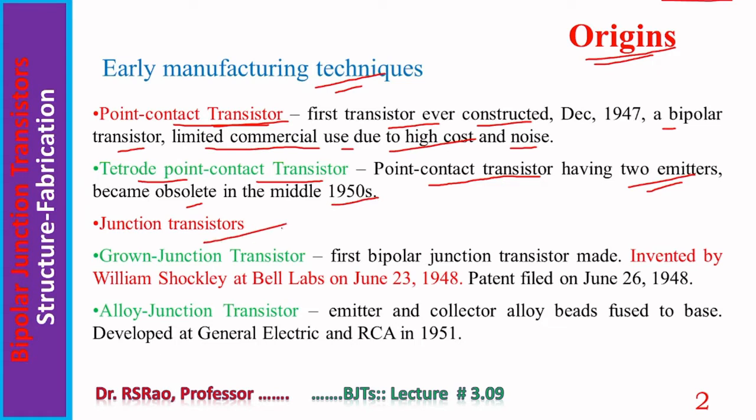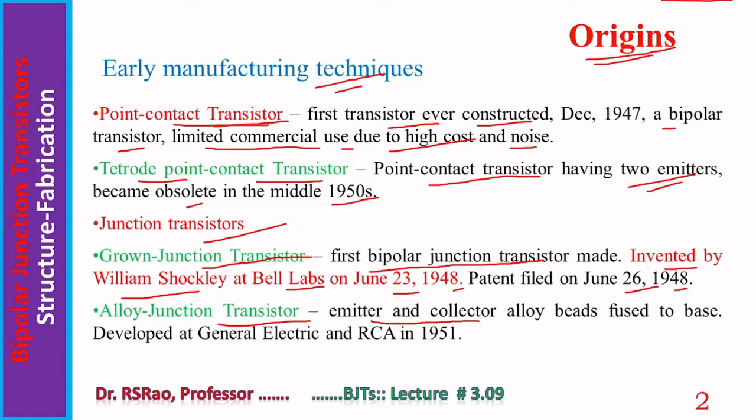Then junction transistors. Grown junction transistor. This is the first bipolar junction transistor, and it was invented by William Shockley at Bell Labs on June 23, 1948. Patent filed on June 26, 1948. Then the alloy junction transistor.